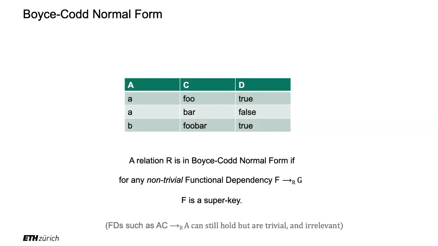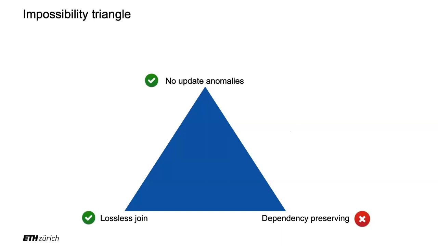And the nice thing about the Boyce-Codd normal form, this is actually one of the other reasons why we like to use it, is that if you have your tables in Boyce-Codd normal form, you won't have any update anomalies. We also saw that it's lossless in the sense that when you decompose a table that's not in Boyce-Codd normal form into multiple tables that are in Boyce-Codd normal form, according to the algorithm I showed you, you're not losing any data.